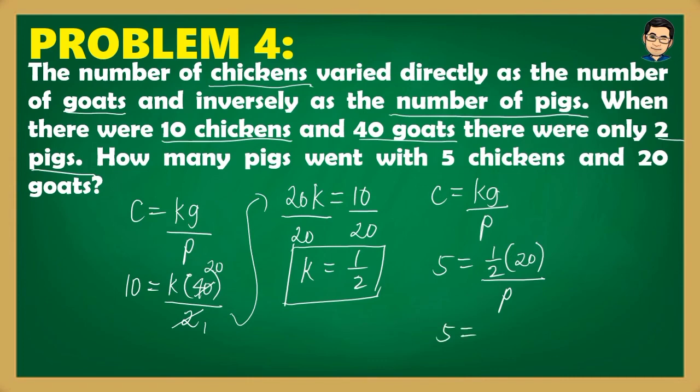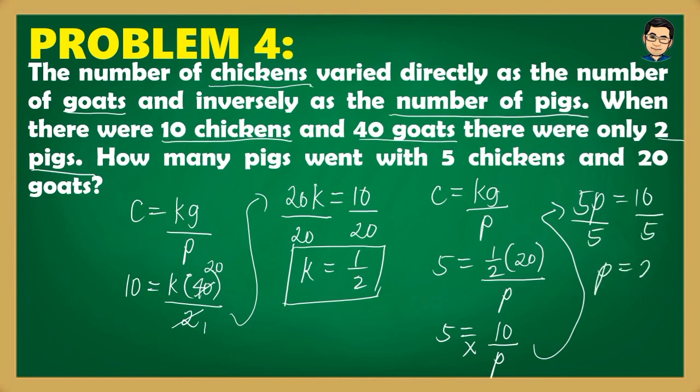So, kalahati ng 20, of course, is 10. All over P. And then we cross multiply now. This will become 5P is equal to 10. And then divide both sides by 5. So, P is equal to 2. Therefore, there are 2 pigs that went with 5 chickens and 20 goats.